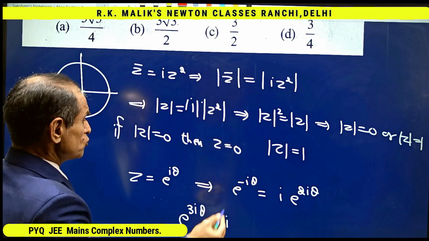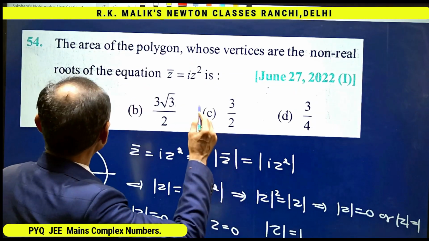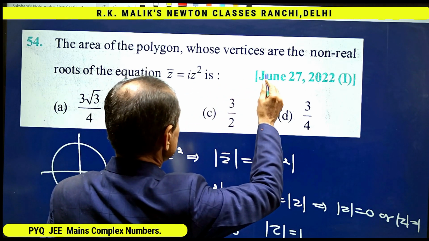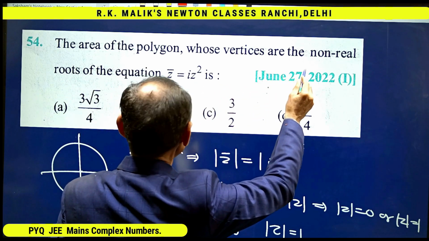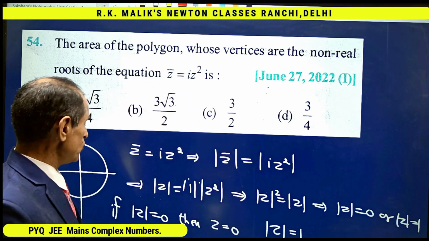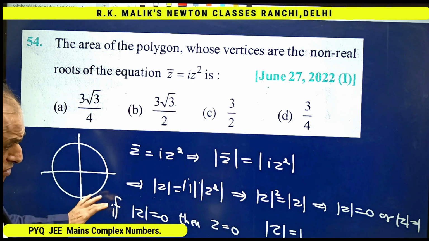Note that z equal to 0 will be rejected because he has clearly told us that the vertices are non-real roots of this equation.